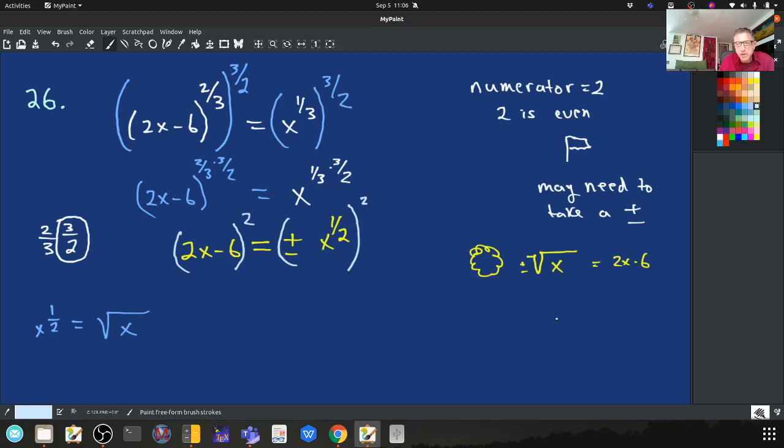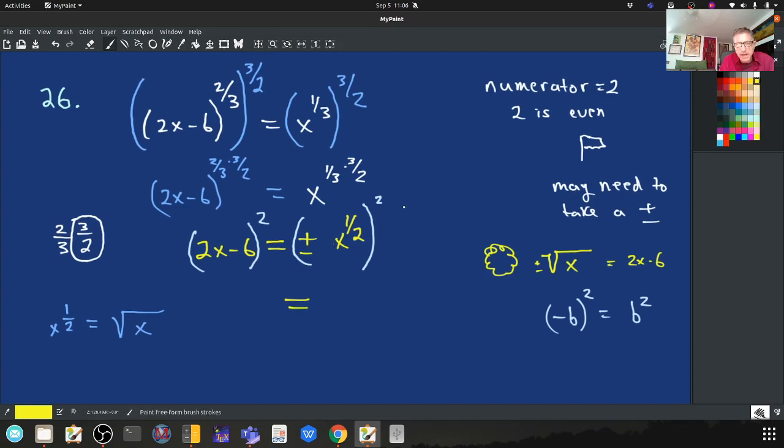In doing so, just remember that for any real number b, minus b squared is the same as b squared. So this plus or minus here doesn't matter. It's just going to go away. So x to the 1/2 to the second power is just x.